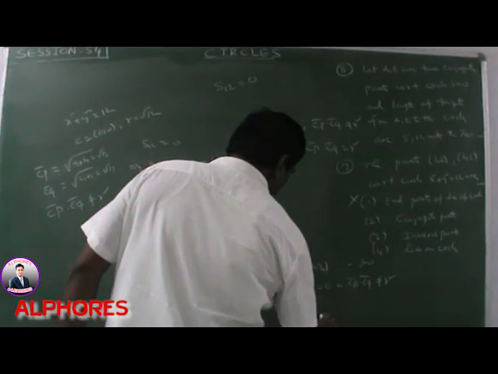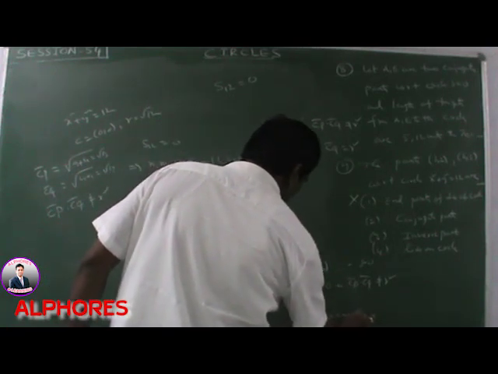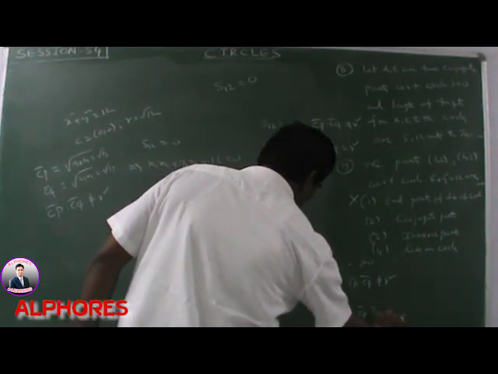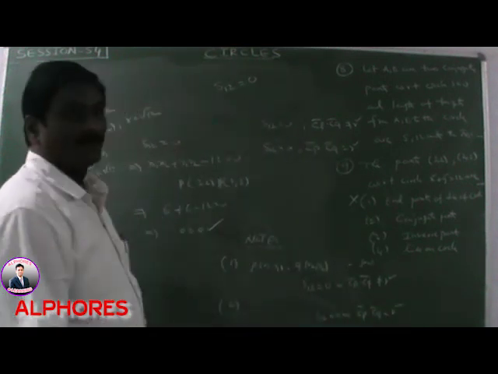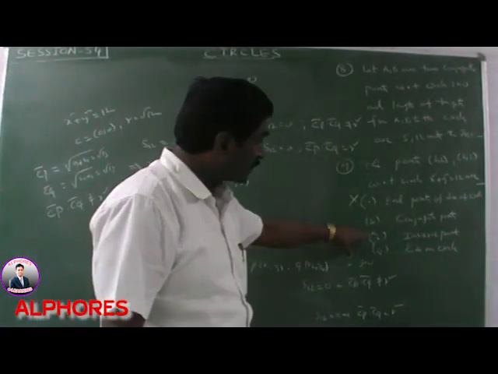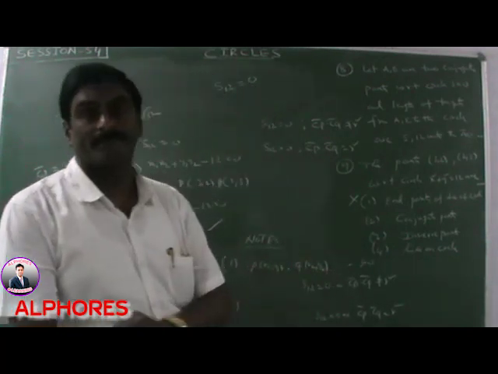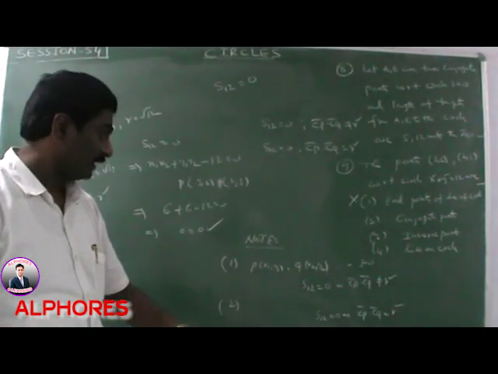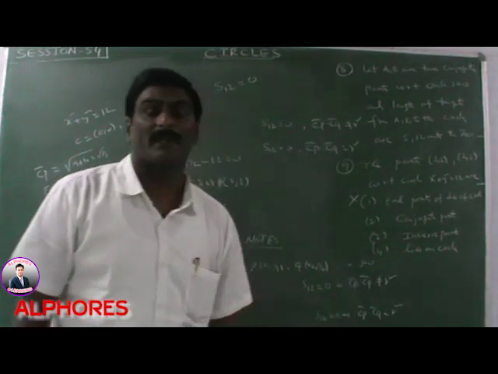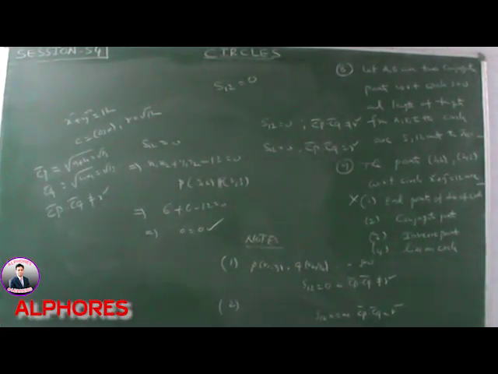These points are inverse points when S12 is equal to 0 and CP into CQ is equal to R square. In the given options, if these two values are there, then we use this property. CP into CQ is equal to R square in inverse points. In conjugate points, CP into CQ is not equal to R square. Okay?